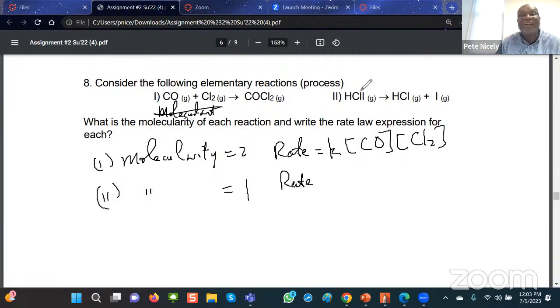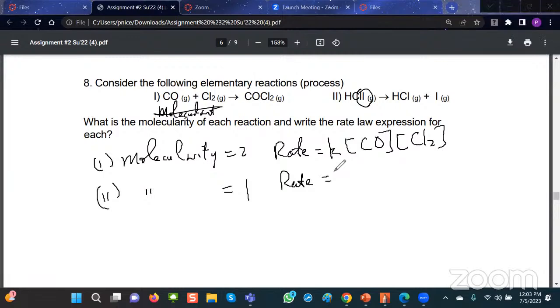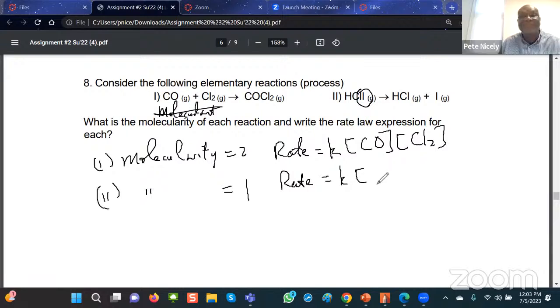Oh, and by the way, I must apologize. It might be difficult for you to distinguish between these two, right? The first stroke here is an L, and the second one should be an I. But in any case, what's the rate law? Rate equals K2 times the concentration of HCl. Okay, very good. So that's basically the answers for number 8.